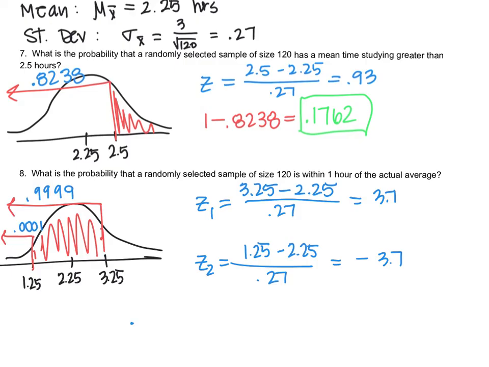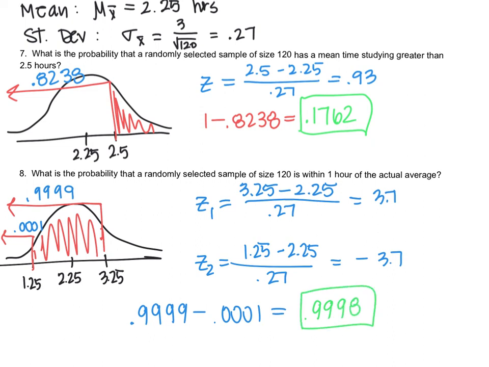So we want within, so we're going to subtract these, so 0.9999 minus 0.0001. And we're going to get an area of 0.9998.